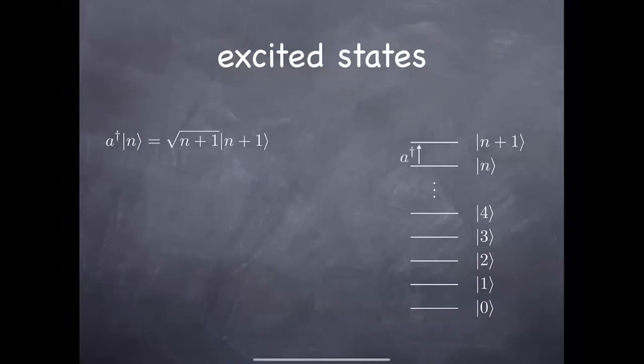That's this step here, going from state n to n plus 1, together with the normalization factor square root of n plus 1. So I could have started with the level one down, n minus 1, by acting A dagger on the n minus 1 state. I get this state n with the normalization factor square root of n.